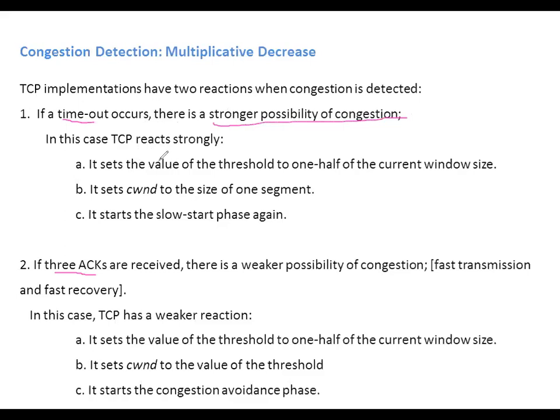So that means the congestion in the network is very high. In this case, the TCP reacts very strongly. After congestion is detected by using timeout, the recovery mechanism is going to go like this in 3 steps.